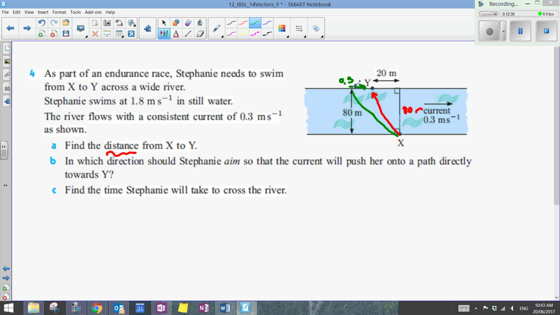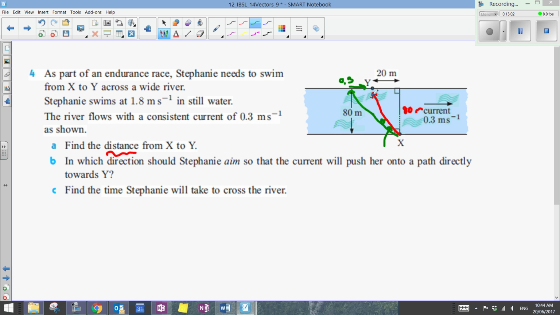So there's this additional angle that she should start to swim at so that she gets pushed back toward y, and that way can actually get to y, similar to the last example. What we want to find is in which direction, meaning at what angle, does she need to leave in order to compensate? What direction does she need to head toward? If we could find this angle that's right here between her direct distance from x to y and what she's compensating for, then we would be able to answer this question.